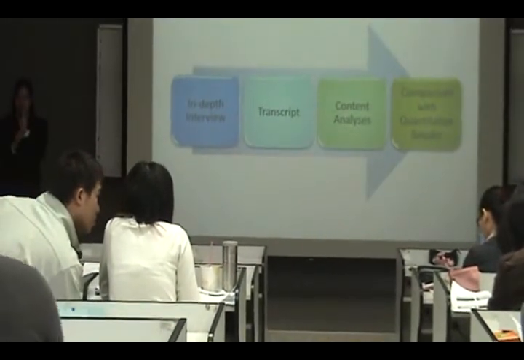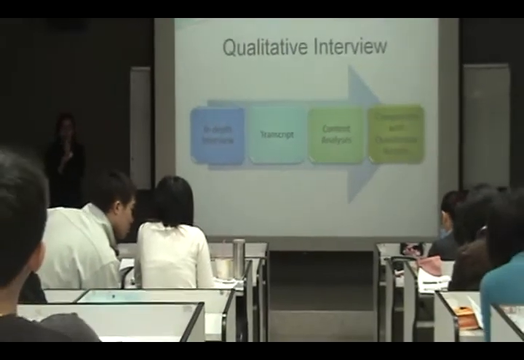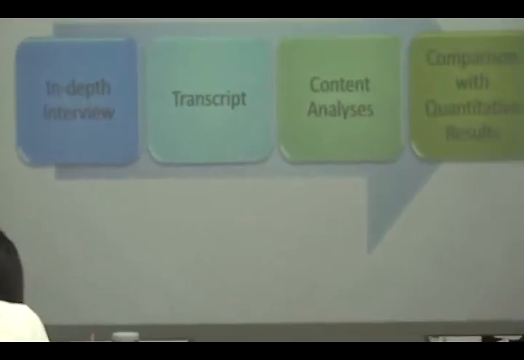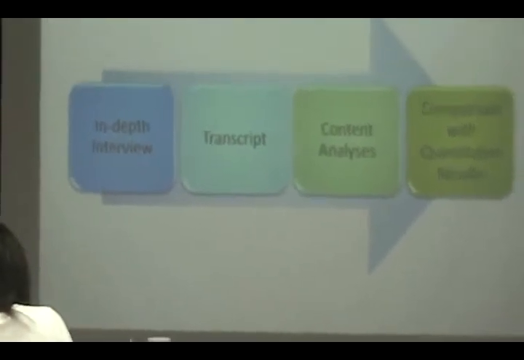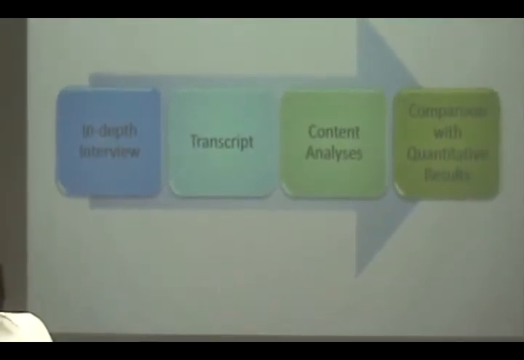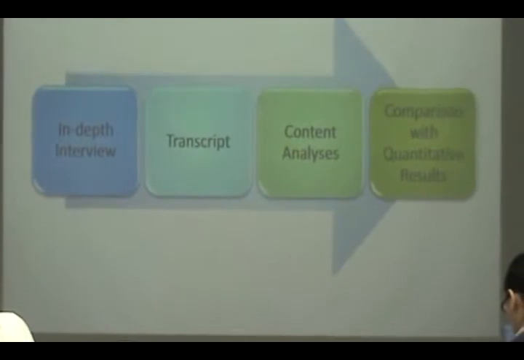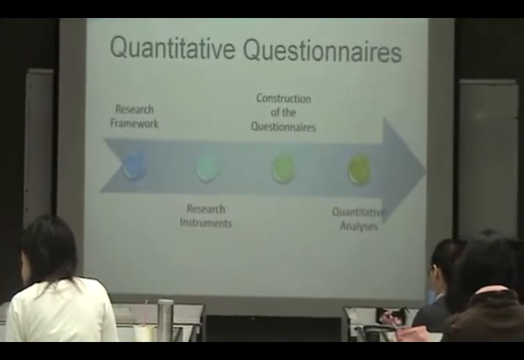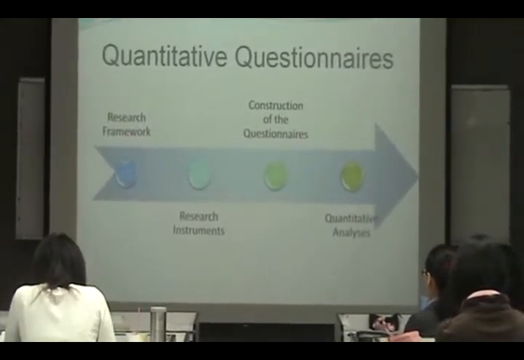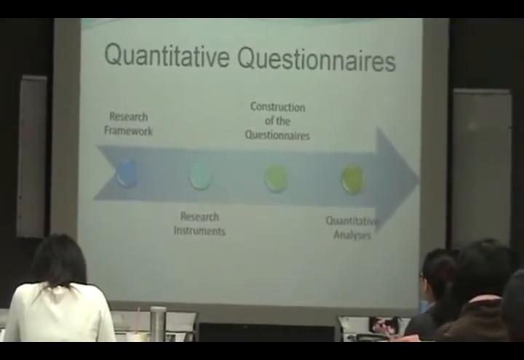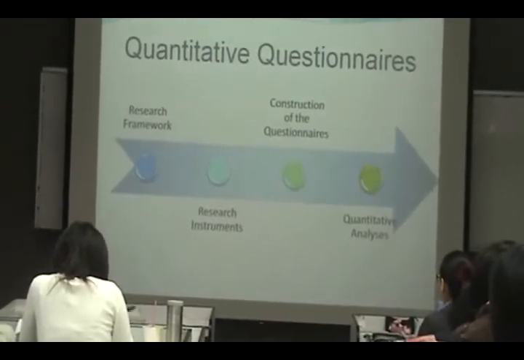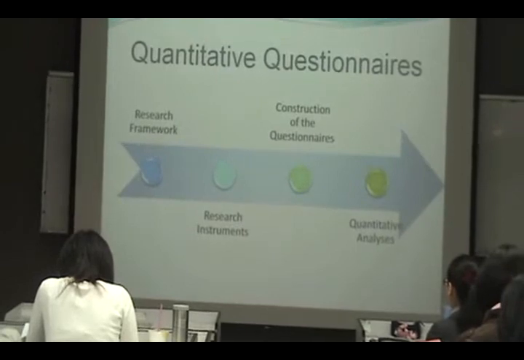The steps for the qualitative interview will start from independent interview, transcript, content analysis, and finally I will try to compare with quantitative results. And for the quantitative questionnaires, it will start from research framework, research instruments, construction of the questionnaires, and finally the quantitative analysis.